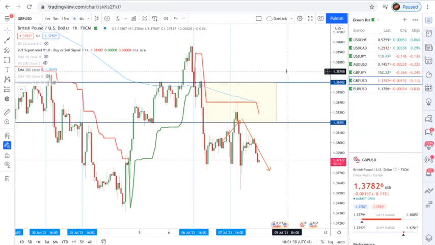Out of all the strategies I've been looking at and researching, I found this VJ super trend is the best one so far, and it has given me so much profit as well.